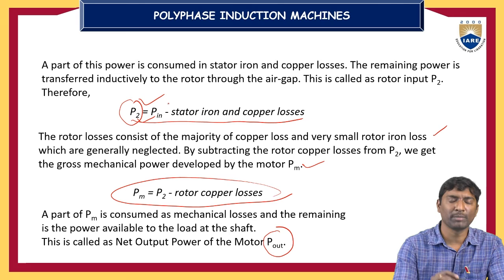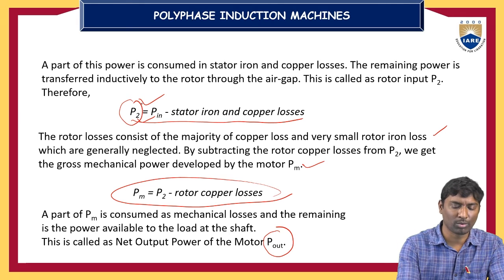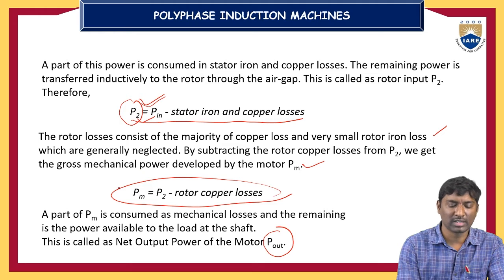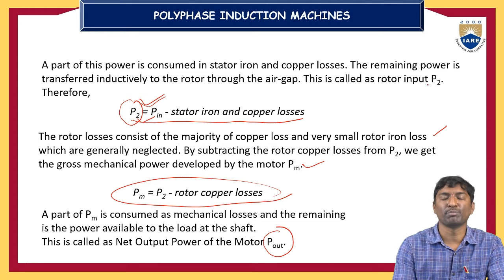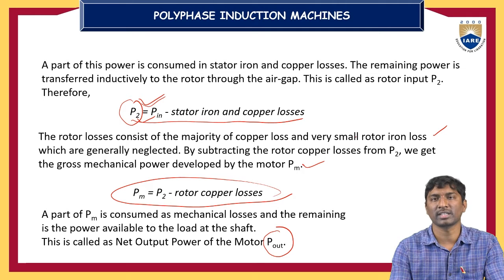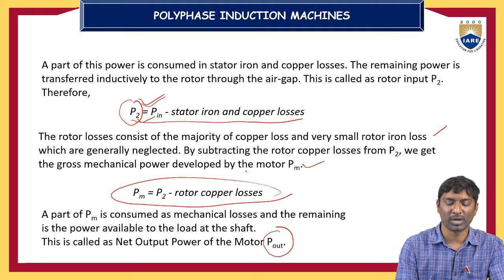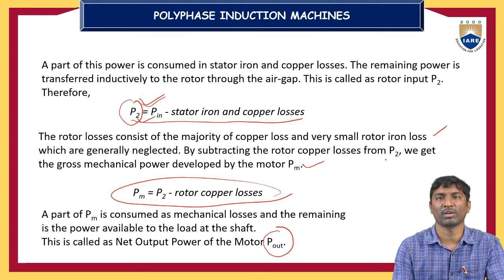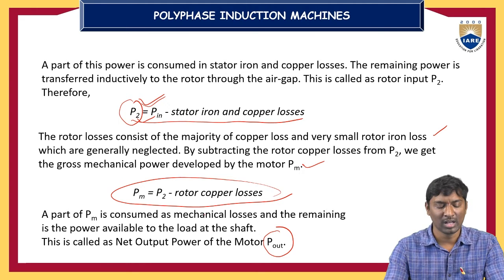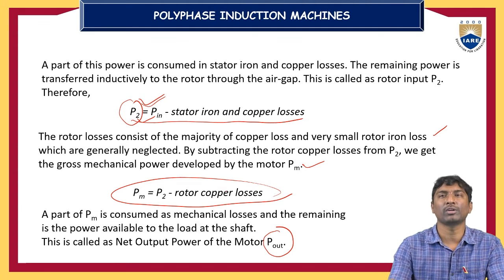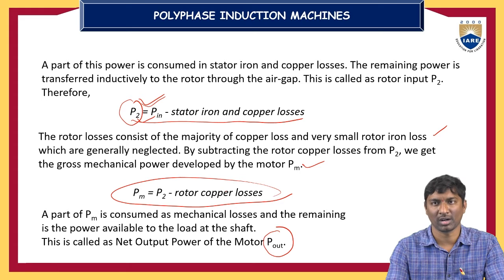So this is the power stages in case of the induction motor. First I am getting the input power, then the rotor input power P2, and thereafter the rotor copper losses. P2 consists of the rotor copper losses and the small rotor iron losses, but the small rotor iron losses will be neglected. So if you subtract the rotor copper losses from P2, then I am getting the mechanical power developed in the motor, that is P mechanical equals P2 minus rotor copper losses.